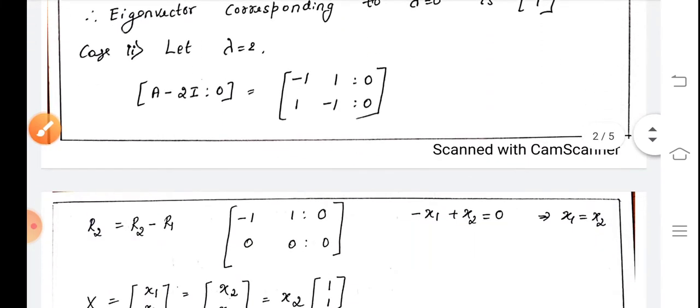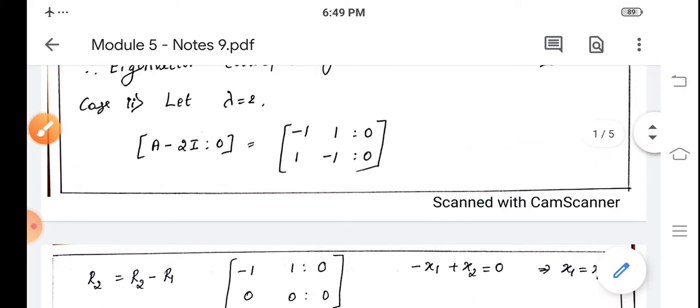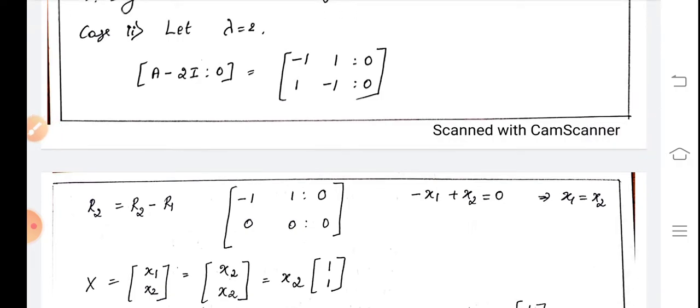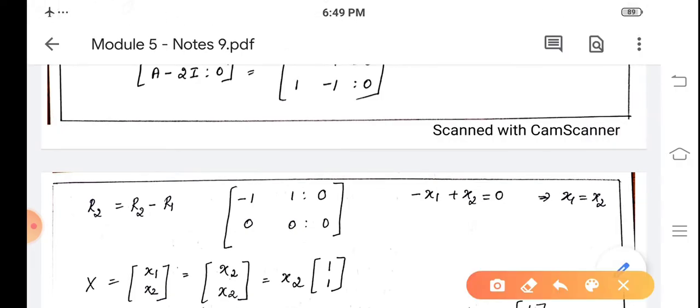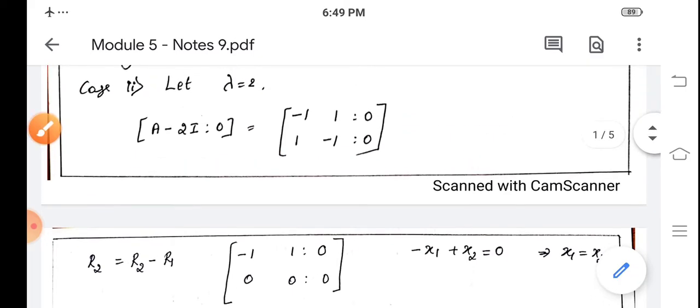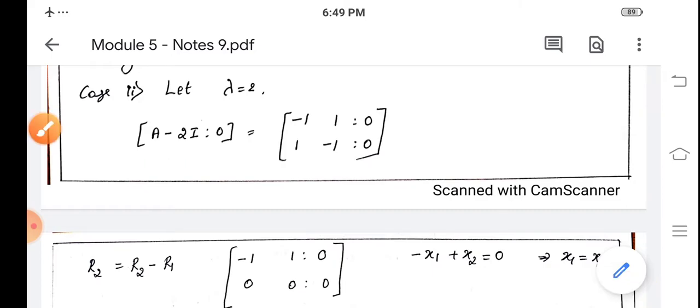Now let us consider the second case, that is lambda equal to 2. For lambda equal to 2, we find the vectors which satisfy (A minus 2I) into x equal to 0. We write the augmented matrix, that is A minus lambda I augmented with 0. So since lambda equal to 2, the augmented matrix will be A minus 2I augmented with 0.